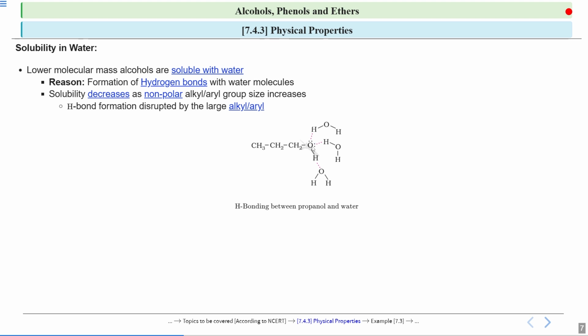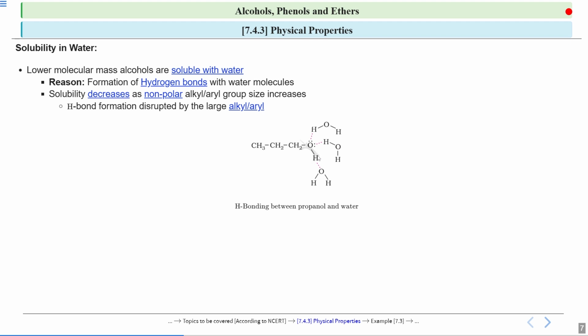Look at this: this oxygen is bonded to two water molecules, that is, the hydrogens of the water molecules. So oxygen is withdrawing electron density from these hydrogen atoms. This is the hydrogen bond between oxygen and hydrogen.